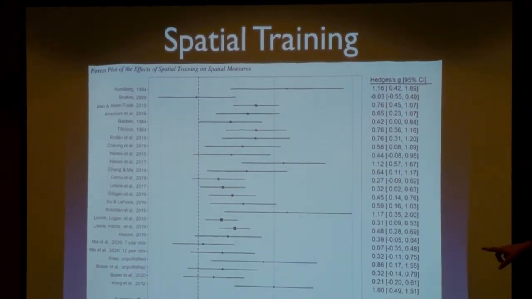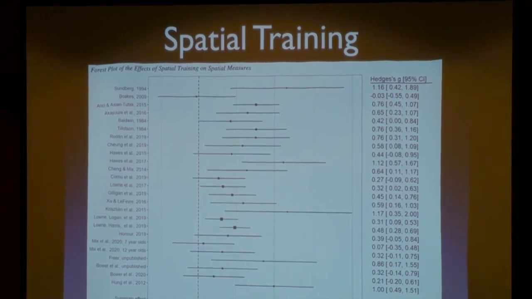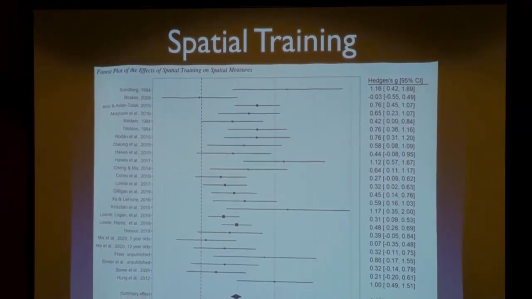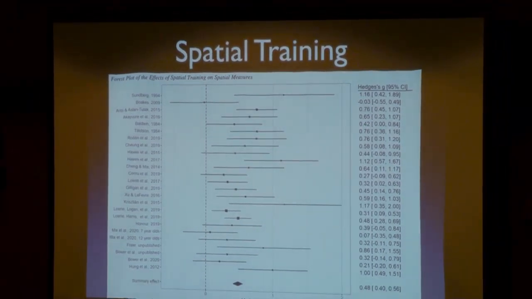That means there's no effect of spatial training. Then all of these lines are individual studies, and then the beautiful diamond at the bottom is what is called the meta-analytic estimate. So on average, if we take all the evidence together, what do we find? Is there a there, or is there nothing? And as you can see, it is to the right of 0, which means there's positive evidence, right? So spatial training does seem to improve mathematical abilities.